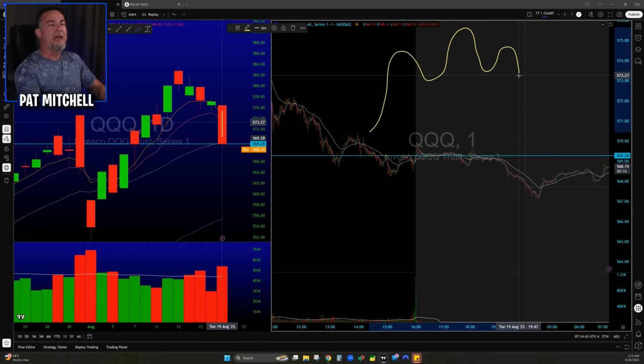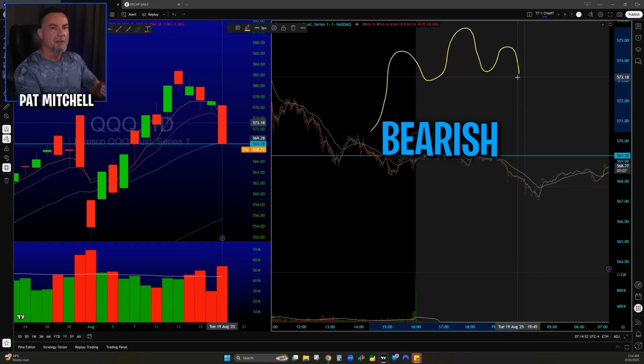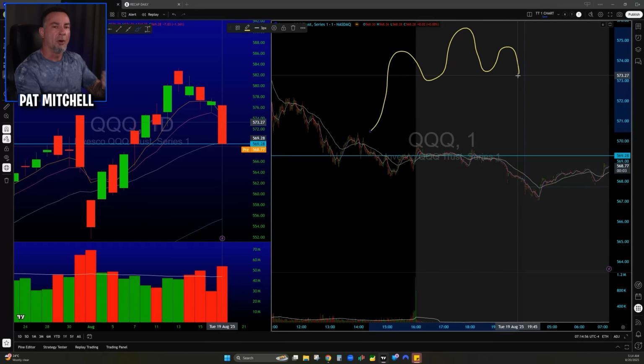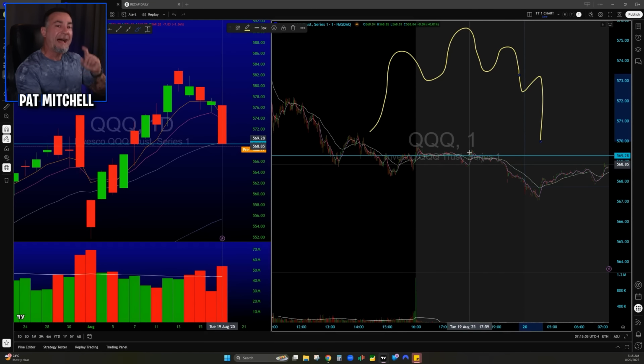Okay. And then what this chart pattern is, is it strong or is it weak? Is it bullish or bearish? It is a bearish sign of strength. Okay. It is a lower sign of strength. The next direction, generally speaking, on a head and shoulders is down. Okay. So that's first and foremost.